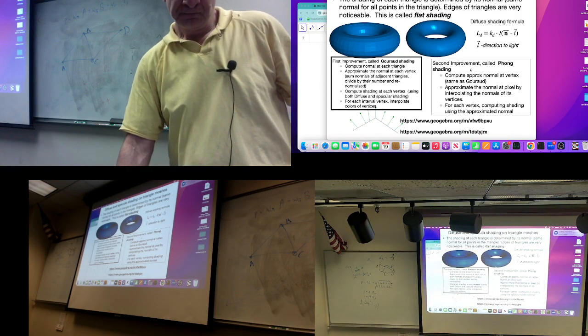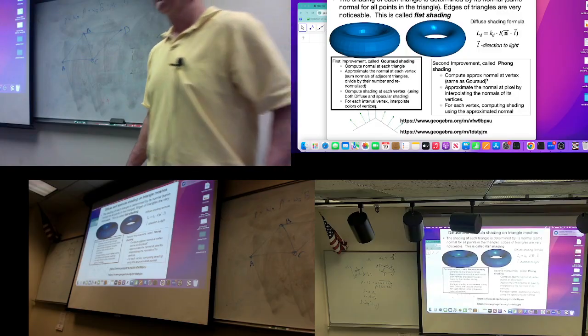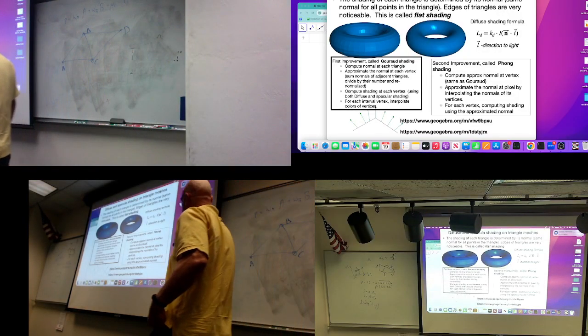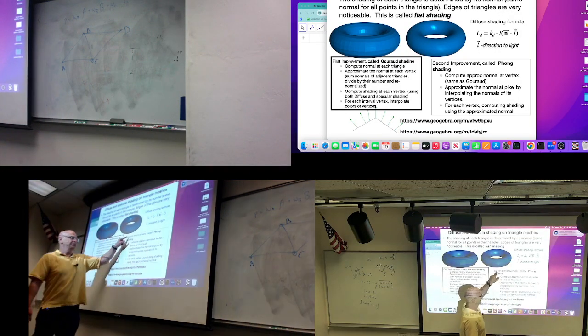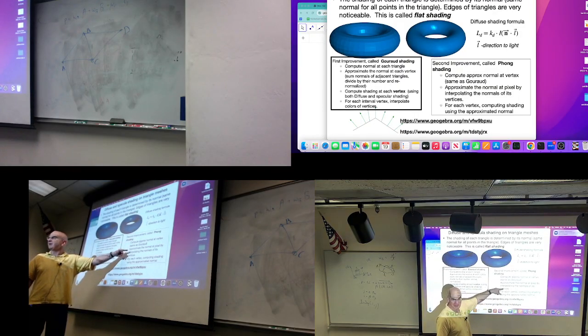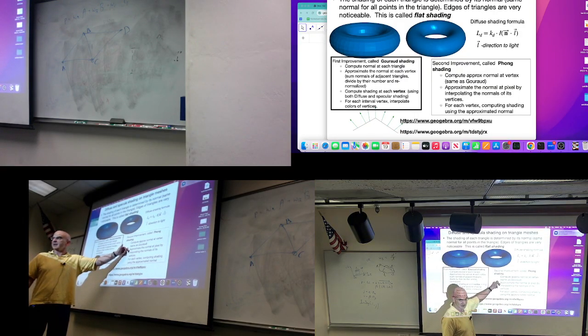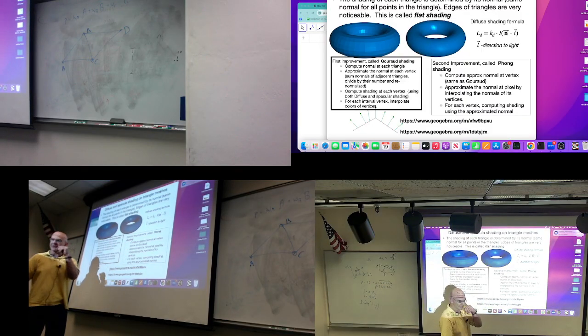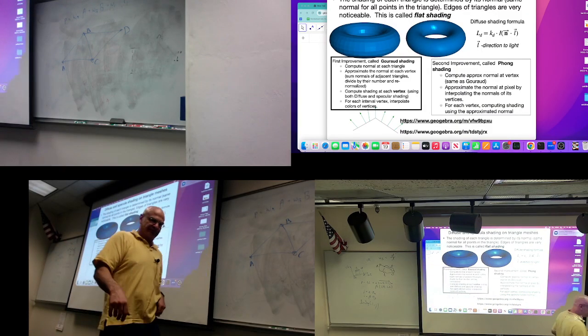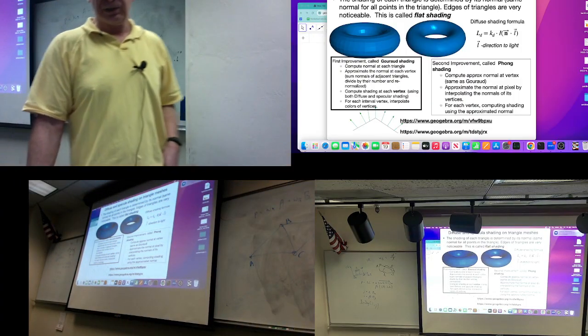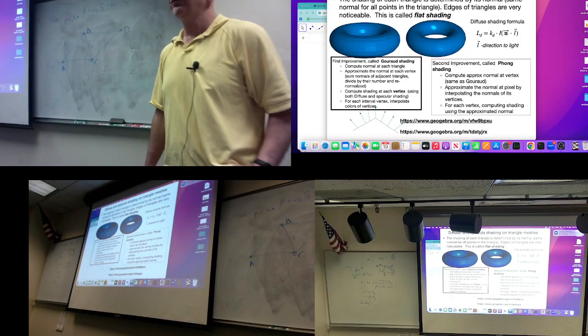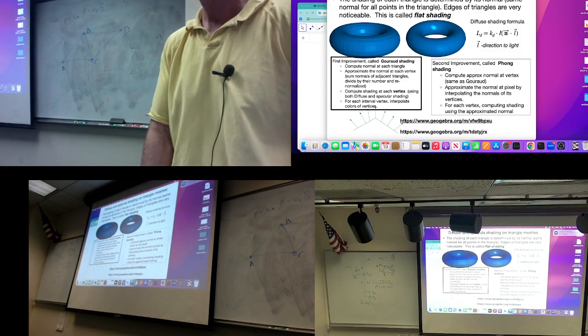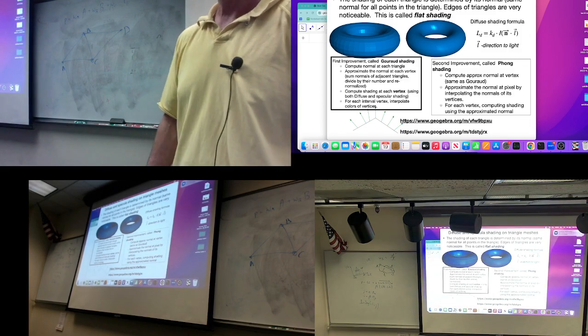The second improvement is Phong shading, which I don't know how to distinguish from the Blinn-Phong shading. Blinn-Phong shading that we used was a cosine to the power of an exponent to the direction of the light. So there are 2 Phong shadings, and when I ask you in the exam, I'll also specify which one.